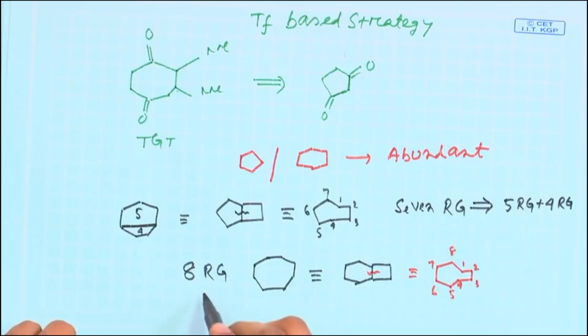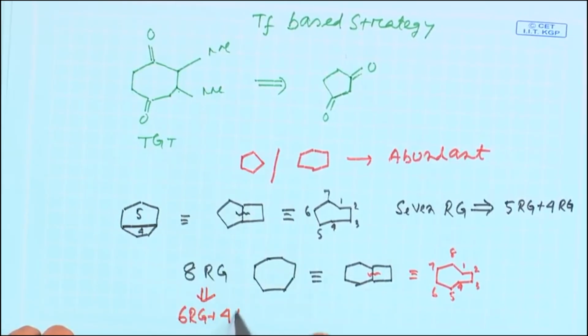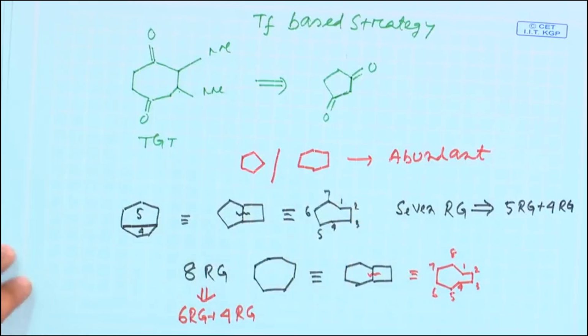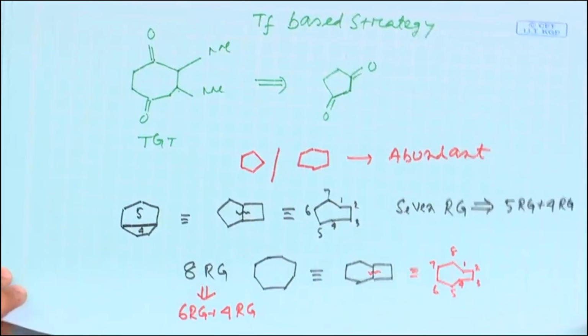So, an 8 member ring also can be possibly disconnected through a 6 member ring plus a 4 member ring together. Now, this is very easy to pen down such retro, but if such transformation is known to you, then you can think about it. And as I said, 7 member rings, 8 member rings are not abundant in nature. You might have difficulties to find this kind of commercially available starting materials.